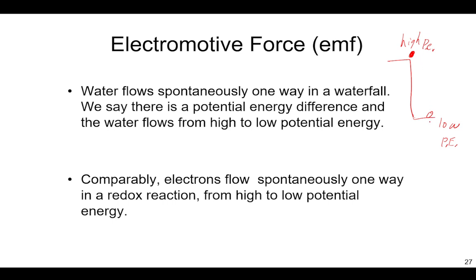Spontaneity happens from high potential to low potential energy. And the difference in the height here is some difference in potential energy. For our voltaic cells in electrochemistry, it's not a height difference, but it's a difference in potential energy.